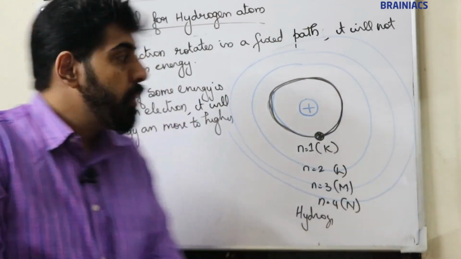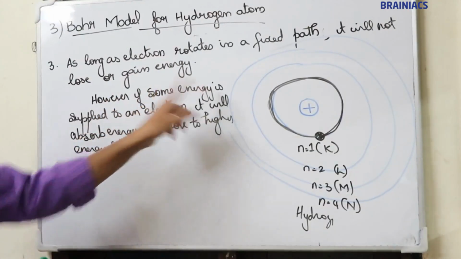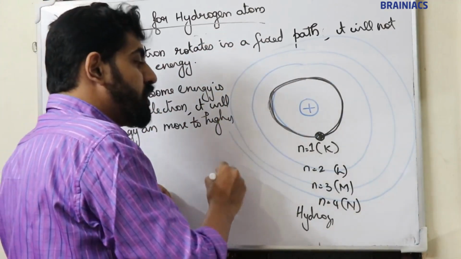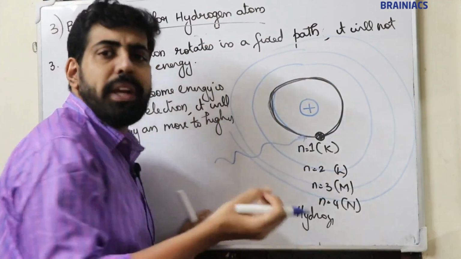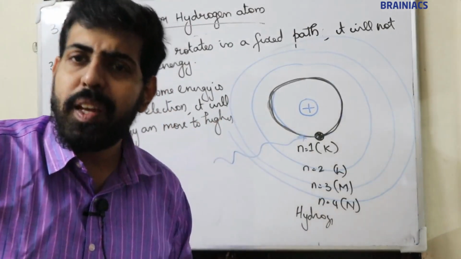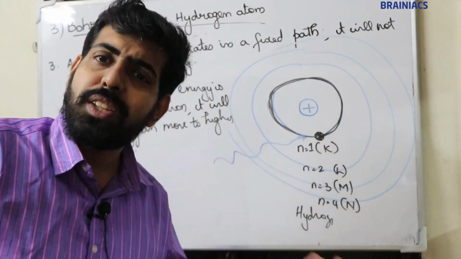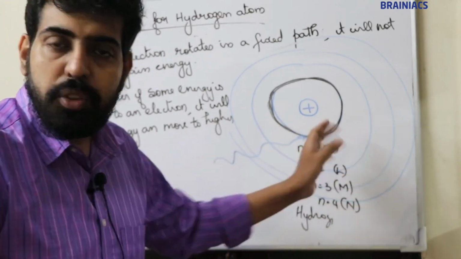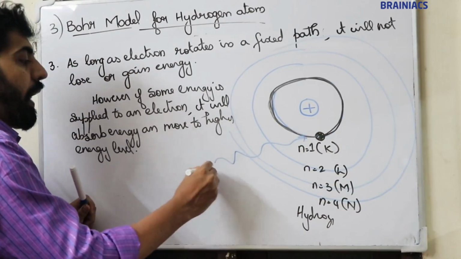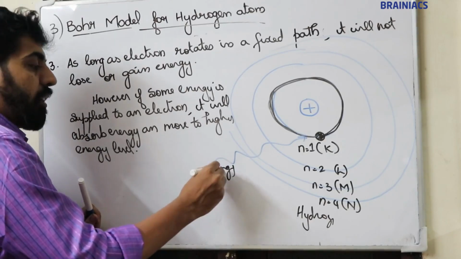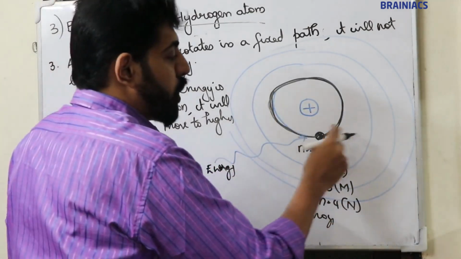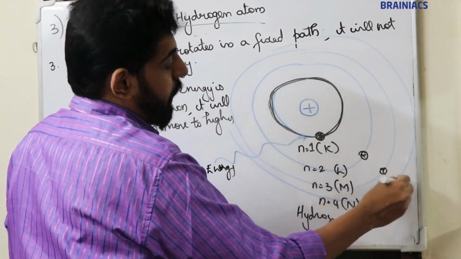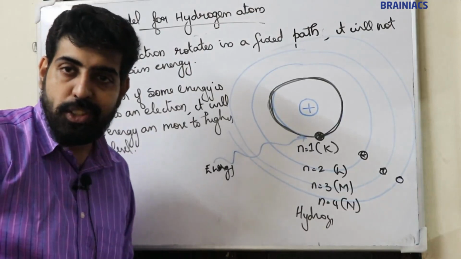However, if some energy is supplied to an electron from outside, by heating the atom or supplying electric energy to the atom, that electron will absorb the energy supplied. And it will get excited and move to some higher energy level, here or here or here.